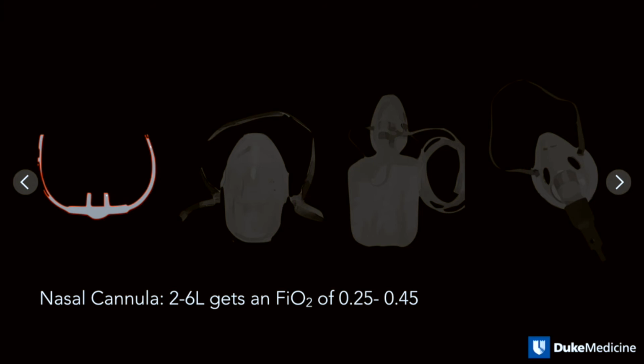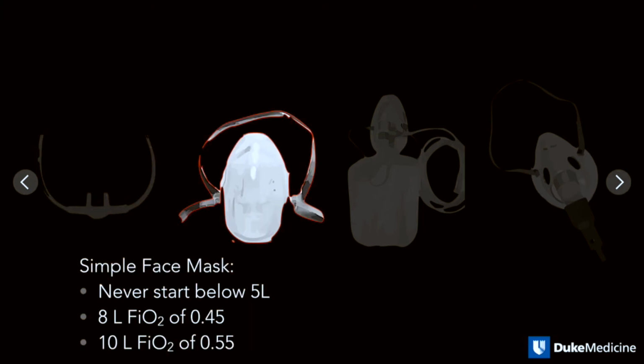You want to start the patient on some oxygen. A nasal cannula at 2 to 6 liters can get you an FiO2 of 25 to 45%. Another step, you can put a simple face mask on a patient. You never want to start below 5 liters. A face mask goes over a patient's mouth and has holes in it to allow circulation of ambient air.